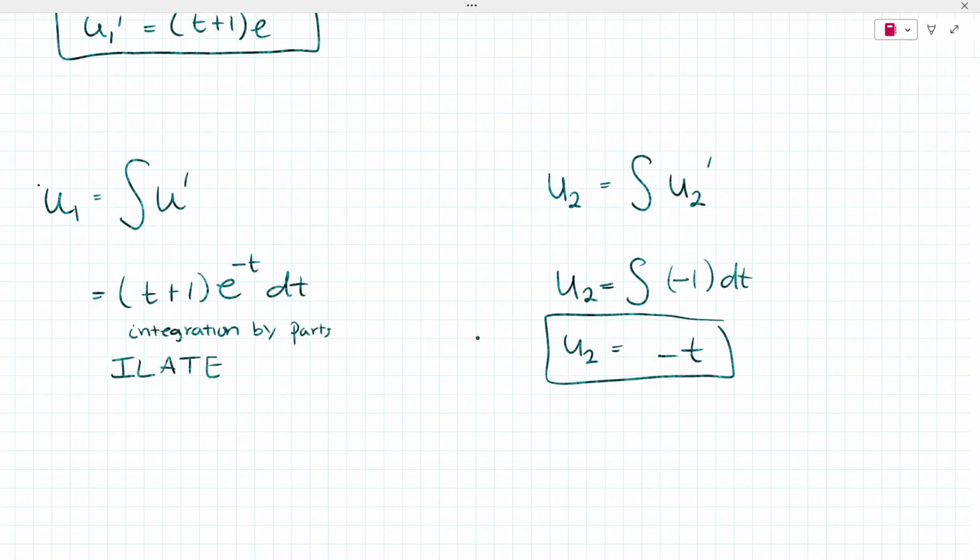Let's see. We don't have an I, we don't have a log. We do have some algebra, right? We have the t plus 1, so I think our u is going to be t plus 1. My du is, the derivative of t plus 1 is 1 dt. And then the leftover is your dv, so my dv is e to the negative t.